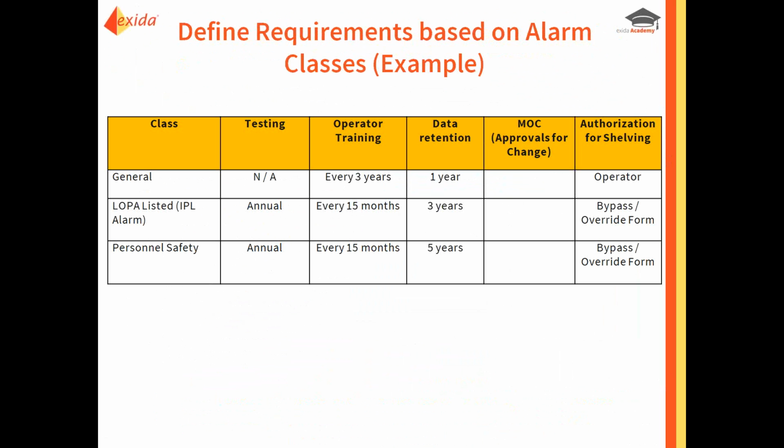We've defined 3 different classes: general, nothing special there; LOPA listed, as I mentioned, alarms that are part of a layer protection analysis; personnel safety, alarms that are there for personnel safety purposes. And you can see that the requirements for how frequently they are tested or operators are trained on them are different. So this is a way to capture those different requirements based on classification.